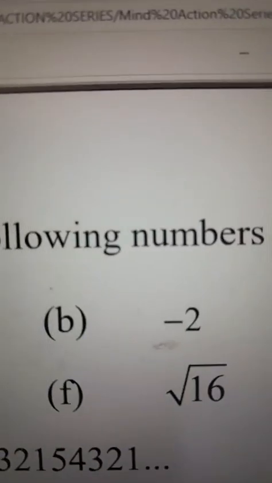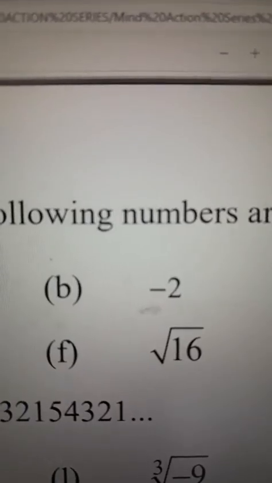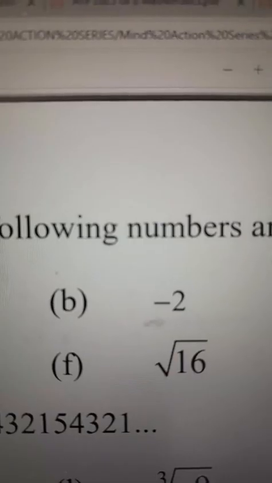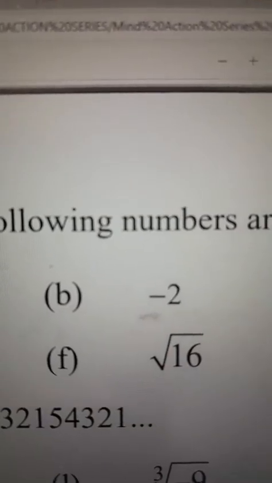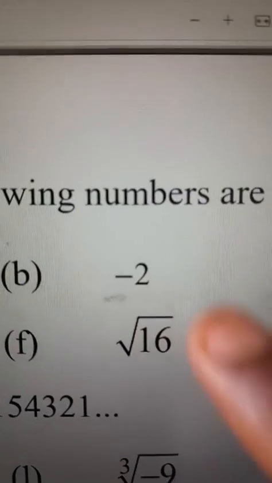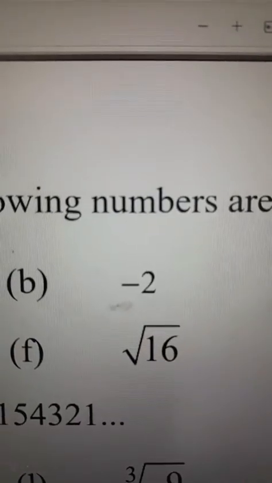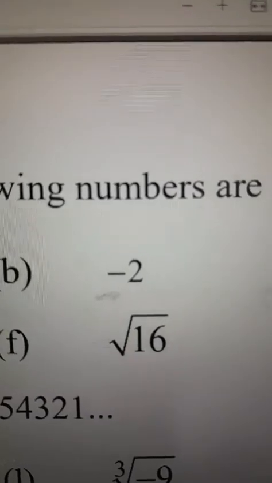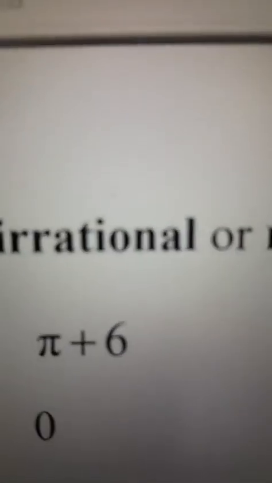Beautiful. Okay, next one. -2. Rational or irrational? Okay, rational. So please understand -2 can be written as a fraction, -2 over 1. Remember that, okay? So -2 is definitely rational. Okay, next one.